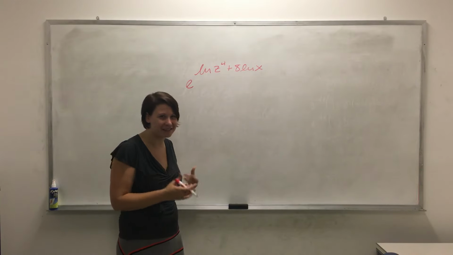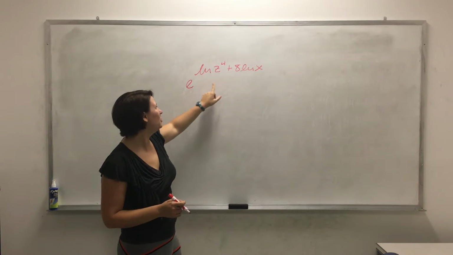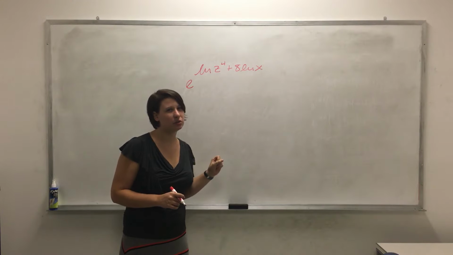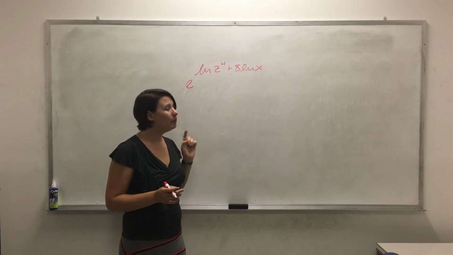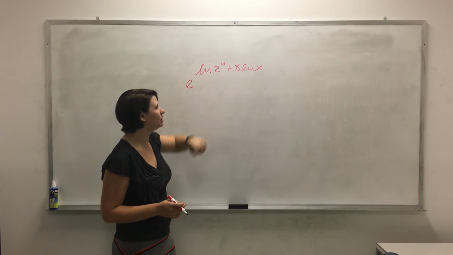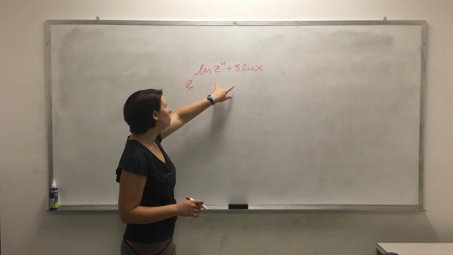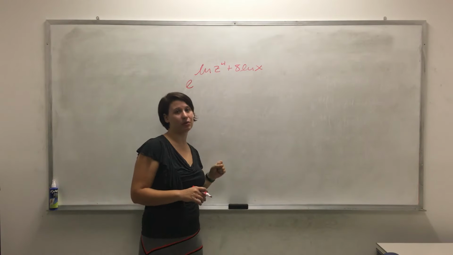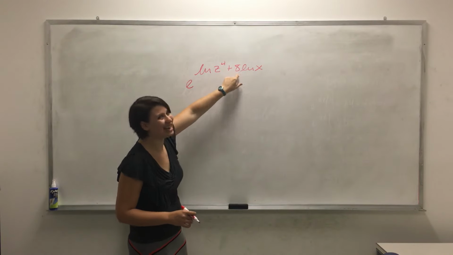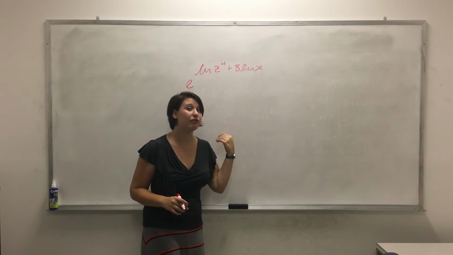It's usually a good hint for us. We recognize here that we have an e with multiple ln's, so we're probably going to want to cancel at some point, but we can't yet because we don't just have e with a single ln. There's a plus with 2 ln's. Can we add them together yet? No, because of this 8, this coefficient. So we need to do something with the coefficient first.